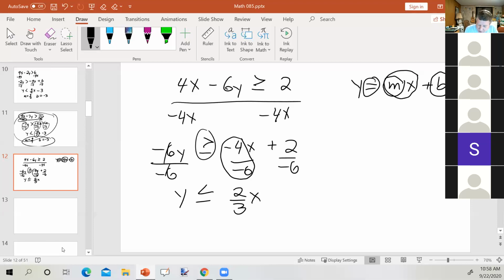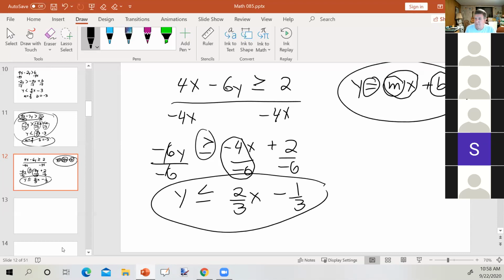And then +2 over -6 is going to be negative. 2/6 reduces to 1/3. So now it's in this form. Okay, so the coefficient of x is 2/3. So the slope would be 2/3. The y-intercept, when we use the letter b to represent the y-intercept, is going to be -1/3.